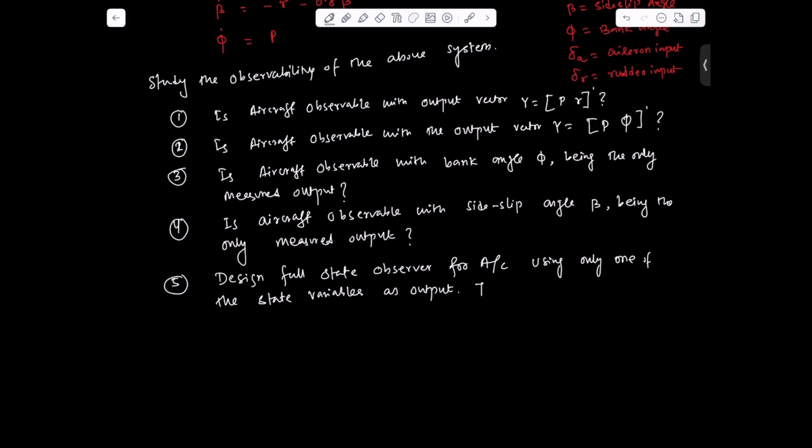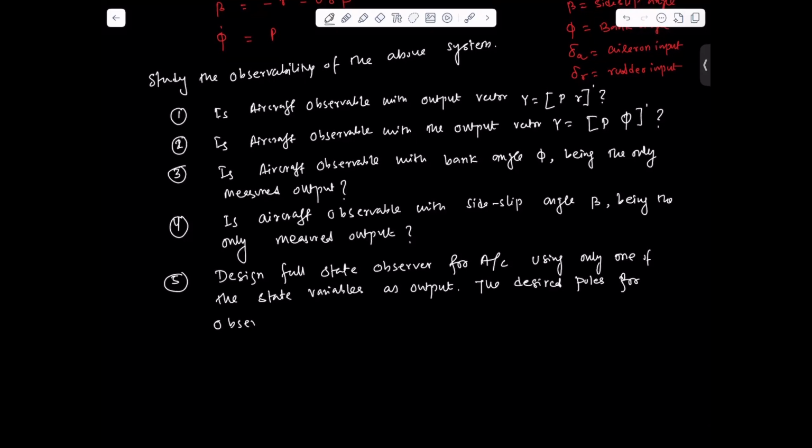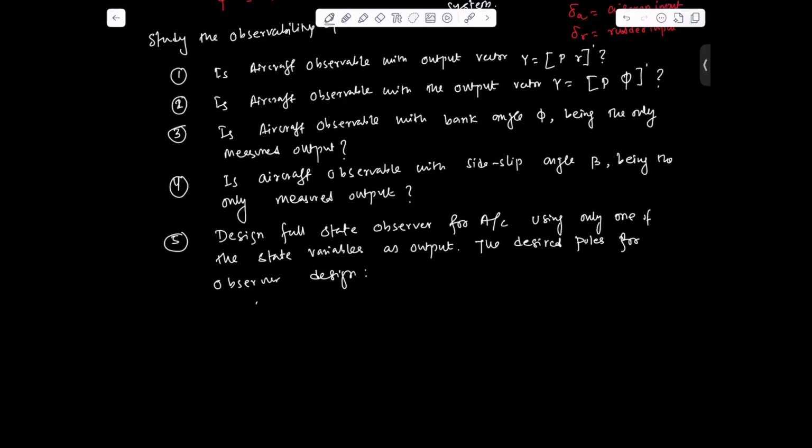Here the desired poles of the observer are given. The desired poles for observer design given to us are lambda 1, 2 equal to minus 2 plus minus j, lambda 3 equal to minus 16, and lambda 4 equal to minus 2.